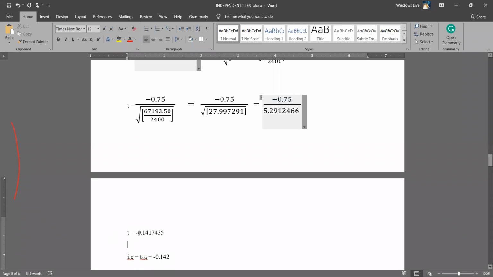Always your T observed is supposed to be in 3 decimal places. So when you move 1, 2, 3, the next digit 7 is more than 5, so you add 1 to this value. It will be minus 0.142. That will be our final value for T observed.